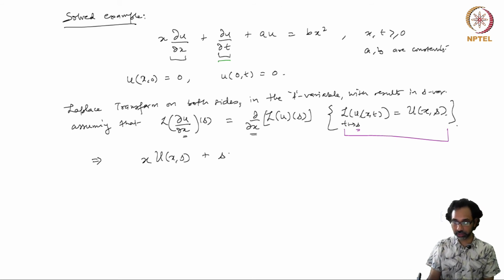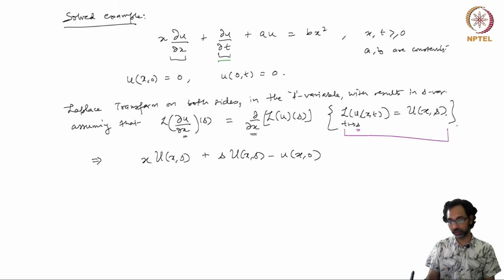This will be s U(x,s) minus small u(x,0). When we are taking the derivative theorem, we can practically assume that x is a constant when we are considering the Laplace transform in the t variable. Similarly, if we took the Laplace transform in the x variable, we can make all the calculations supposing that our t variable is a constant. So this is by the derivative theorem.